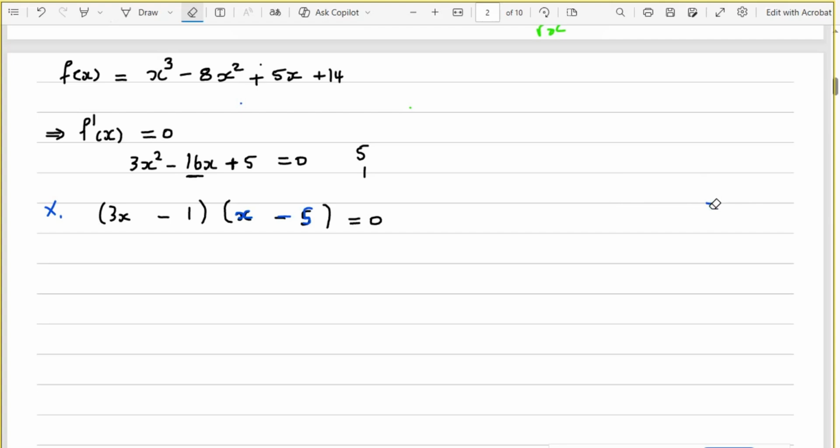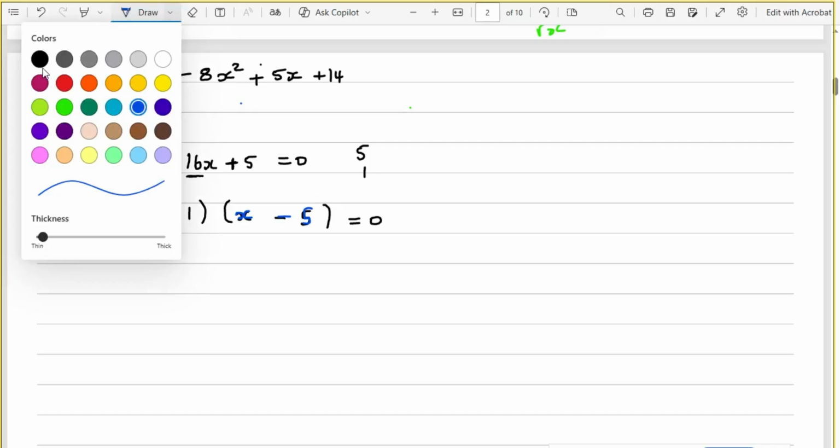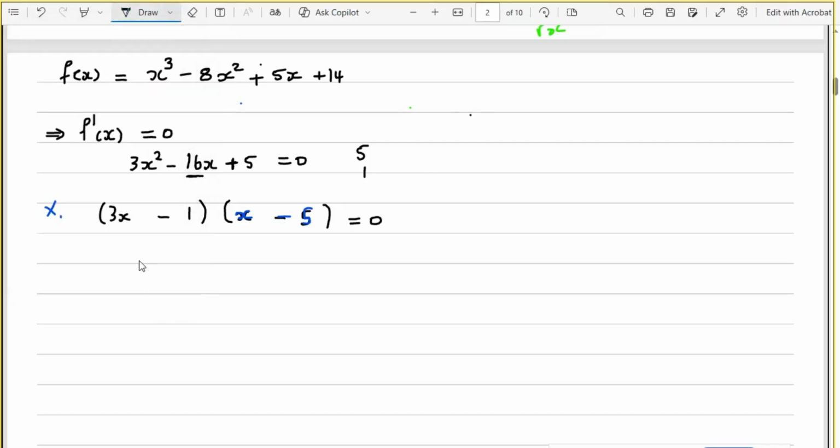Now, what I'm going to do is solve this equation by saying that x is 5 or x is 1 over 3. So these are the x coordinates. We need to find the corresponding y value, which is f at 5. We also need to find f at 1 over 3 on the equation.